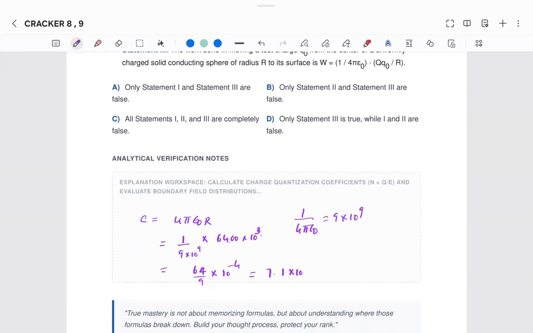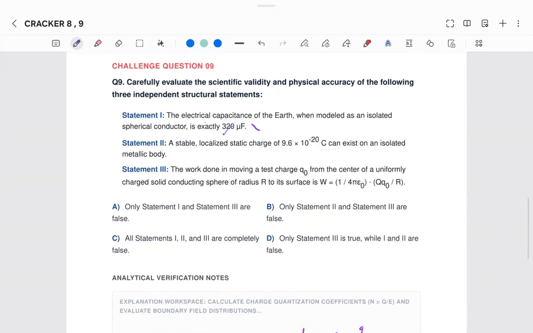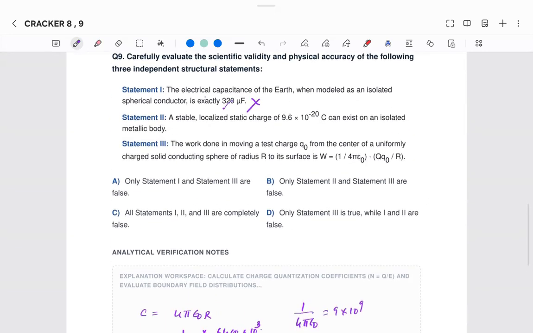That gives 7.1 into 10 power minus 4. I can write 710 into 10 power minus 6 farads. That is 710 microfarads. But here he has given 320, which is a wrong option.